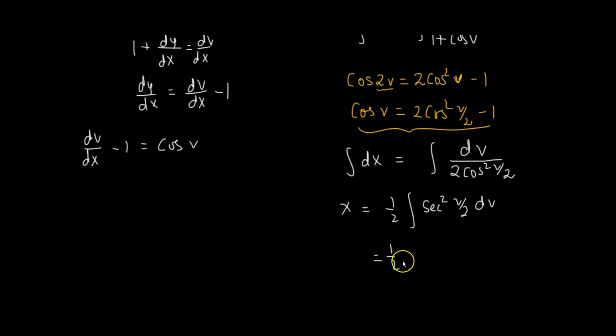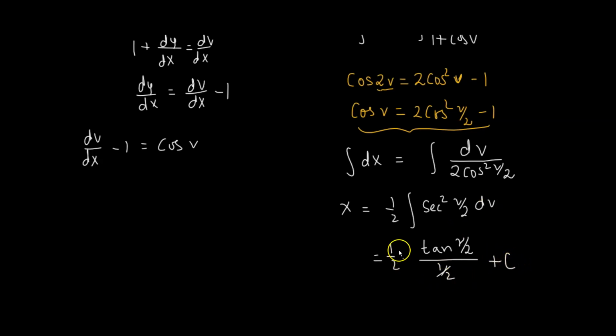So that's half multiplied by the integration of the secant squared function, which is tangent v over 2 divided by half. This half came because we have a v over 2 here, and this can be verified by using the method of substitution, plus the constant of integration c.